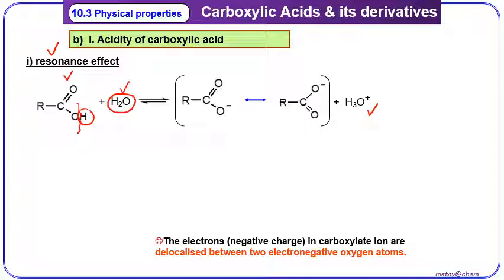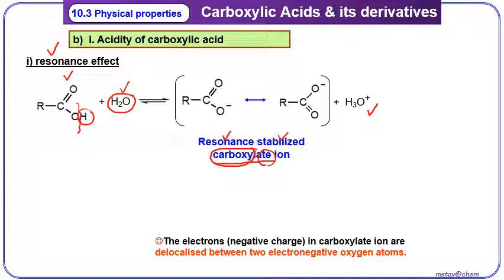This compound structure, RCOO negative, we know as the carboxylate ion. It means the carboxyl group with the oxygen, carboxylate ion. From here we say that this carboxylate ion is resonance stabilized, which means the resonance effect makes this ion stable.